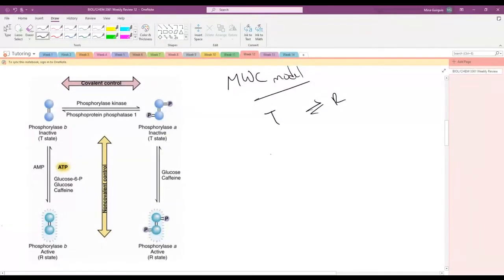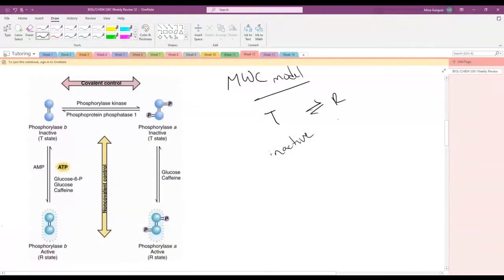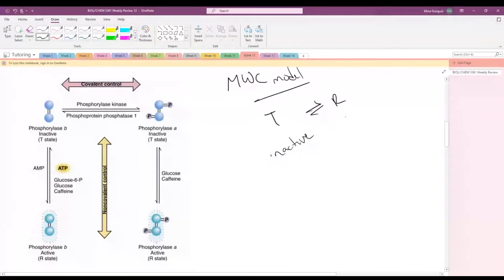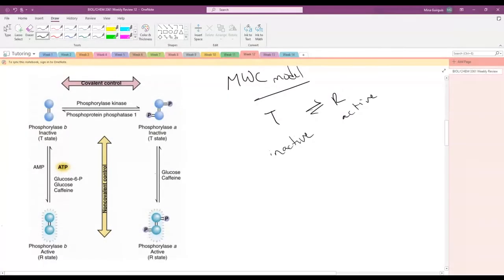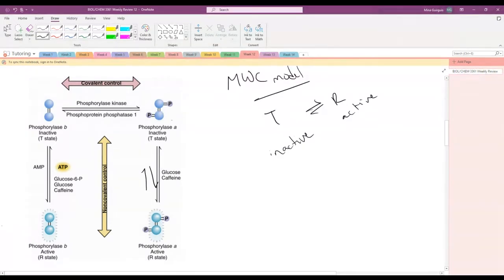The tense state is inactive, or I should say relatively inactive. The relaxed state is relatively active. So that's what you guys see along these vertical equilibria, the non-covalent control based on activity, based on concentrations.